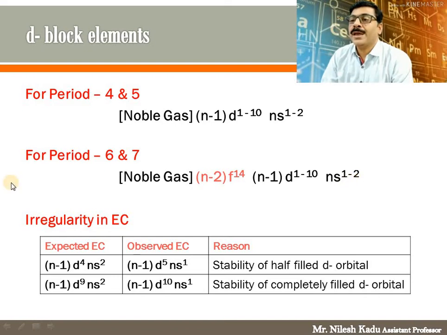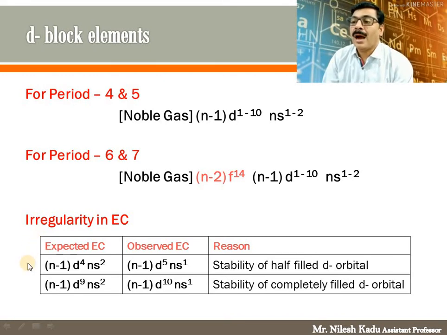In this way you can write the valence shell electronic configuration for a d block element on the basis of period number. But for d block elements, there is some irregularity in electronic configuration. This irregularity depends upon the stability of orbitals.